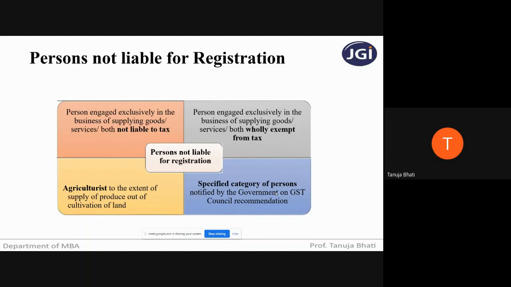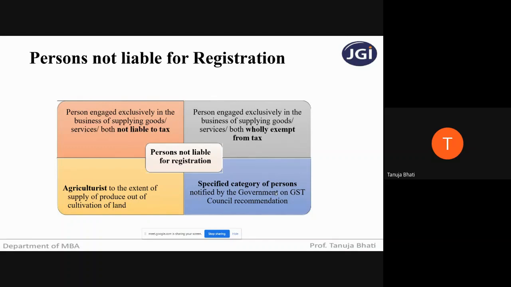Reverse charge supplies means I'm making an outward supply, but government is saying since you're a service provider covered under reverse charge, you do not pay the tax, the service recipient will pay the tax. The second category of persons is persons making interstate supply of taxable services up to 20 lakhs.